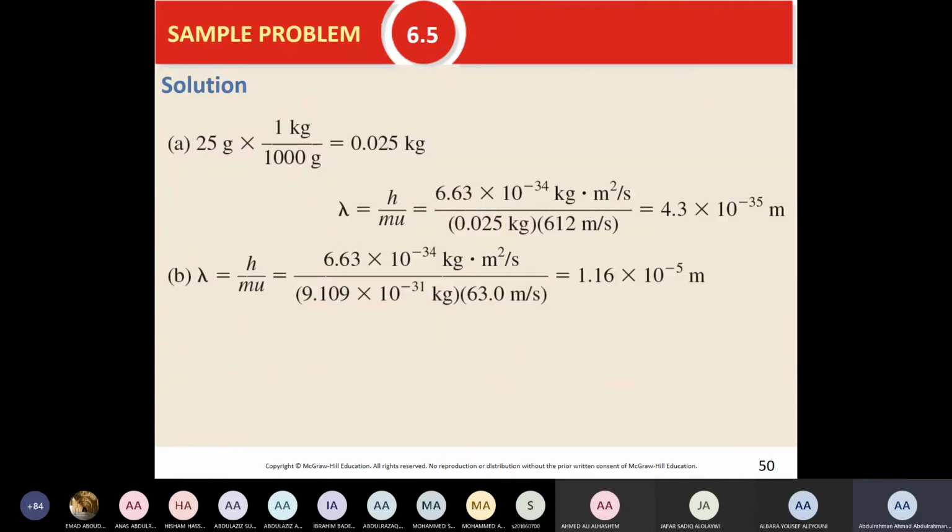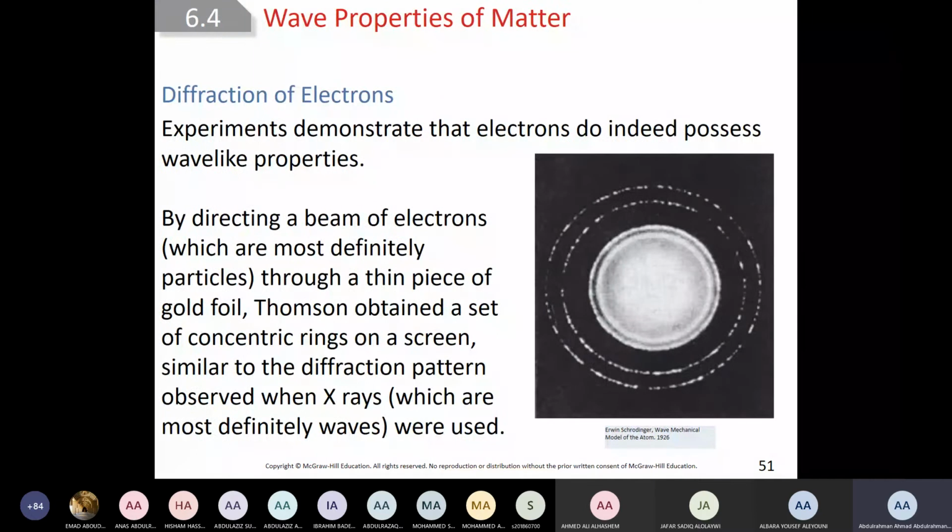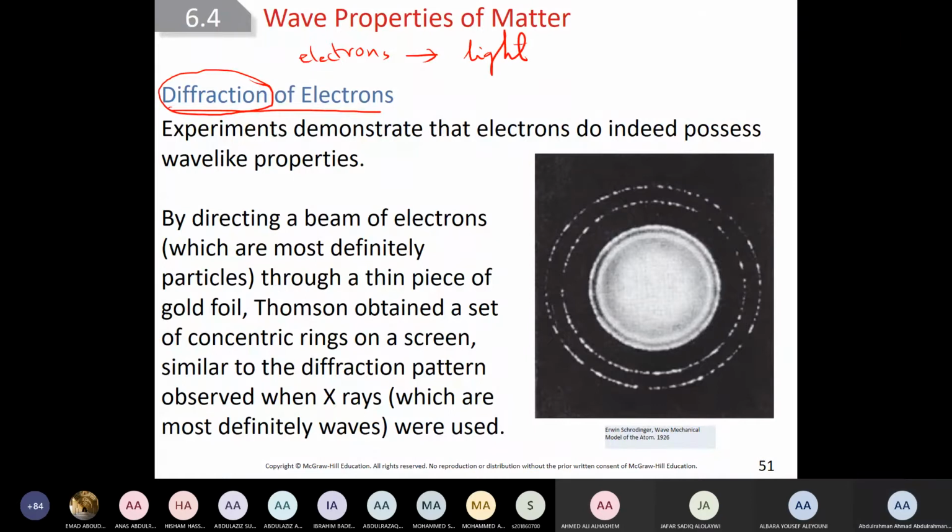Then we have another, what's the word? Diffraction of electron. What's the meaning of diffraction? Electrons give light.